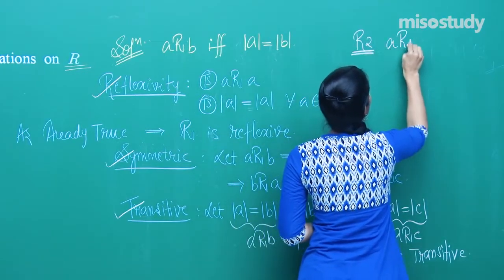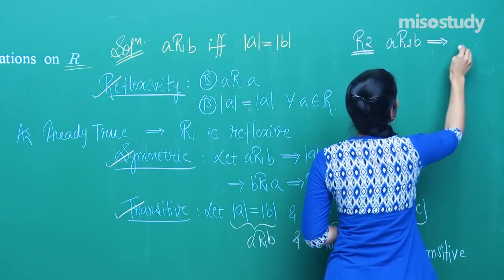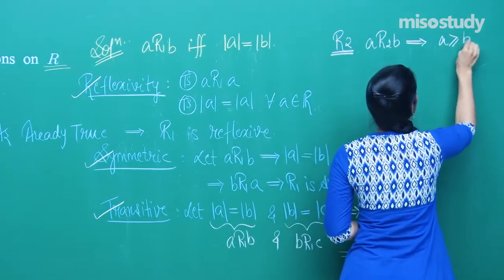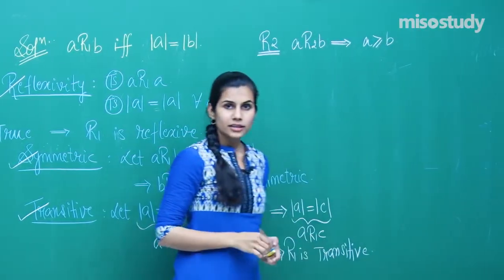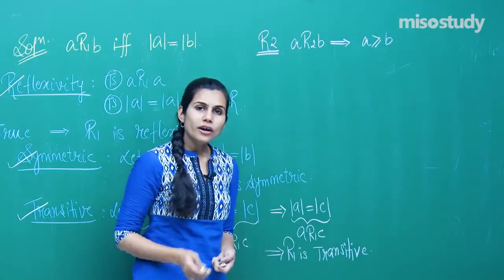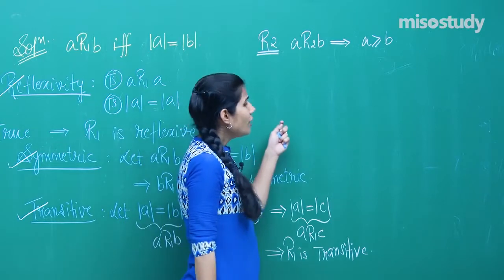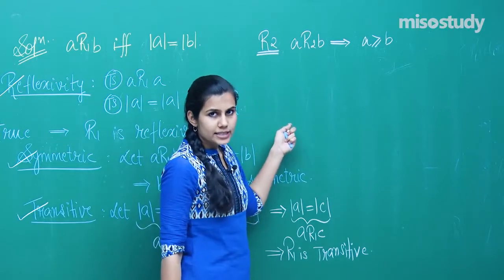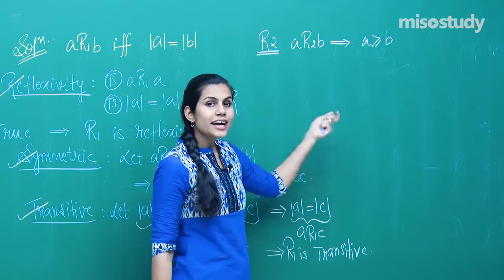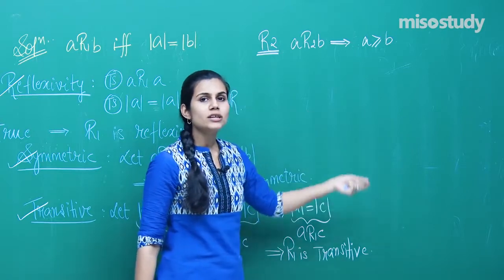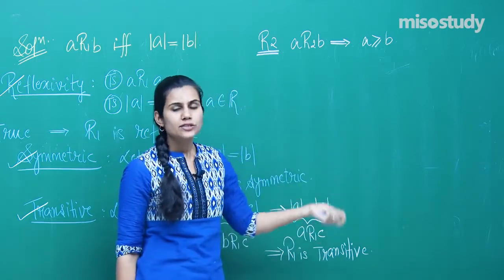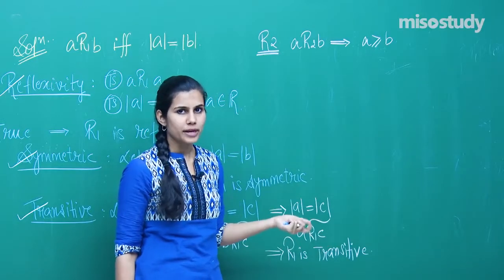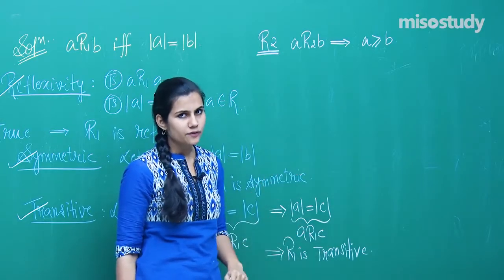Obviously this relation is reflexive because A is equal to A, therefore A is greater than or equal to A. So, A is related to A. So, this relation is definitely reflexive.